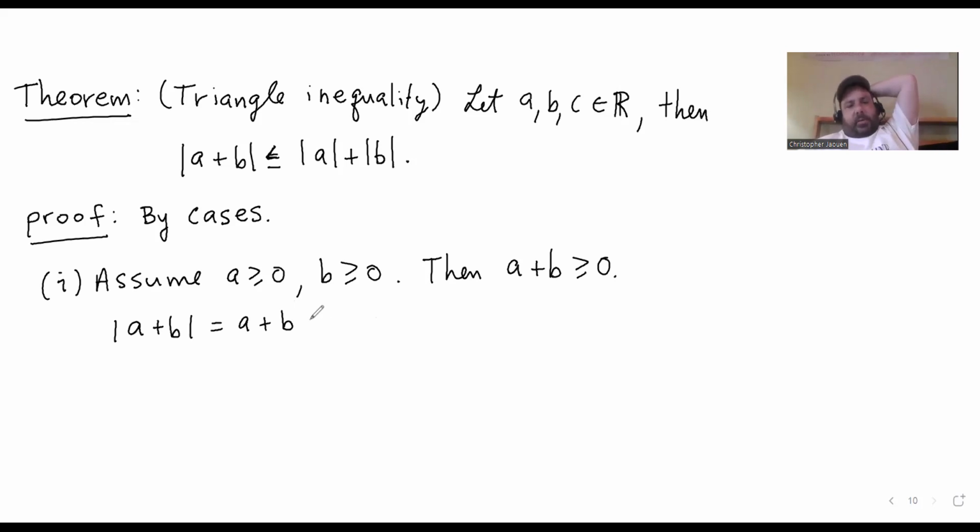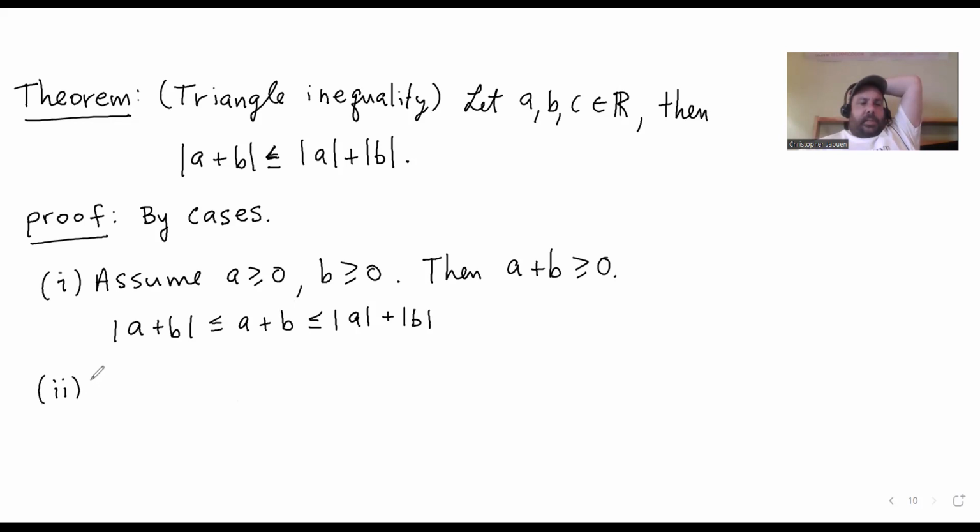But since a and b are greater than or equal to 0, that's the same thing as their absolute values summed together, and we can replace these with less than or equal. It's the same thing, right?